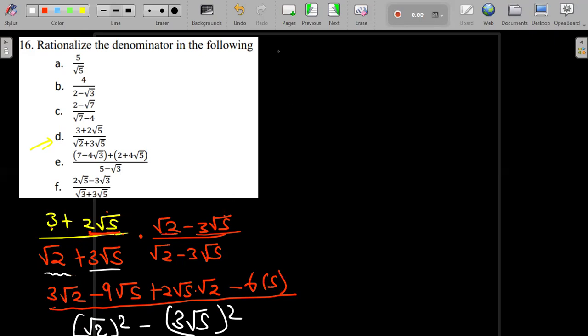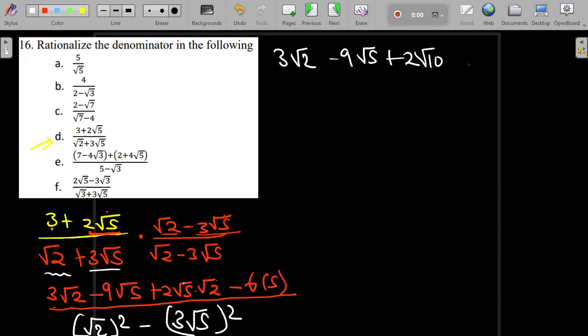Okay, so on top, we have 3 root of 2, and then we have minus 9 root of 5, and then plus 2. Okay, and then we have, so this one we can multiply. So root of 5 plus root of 2 is just going to give me root of 10.